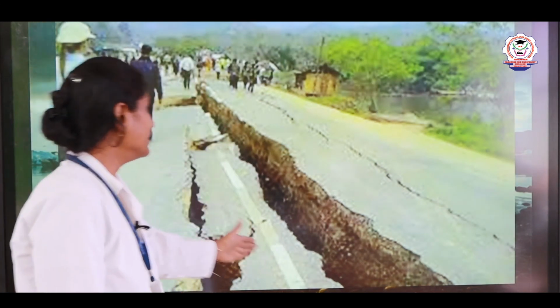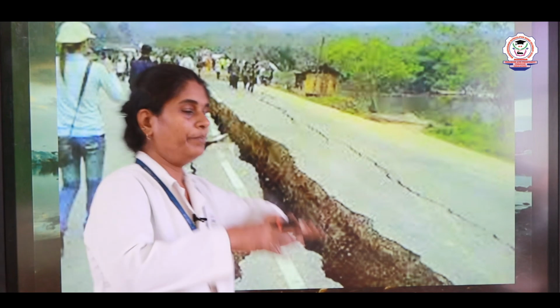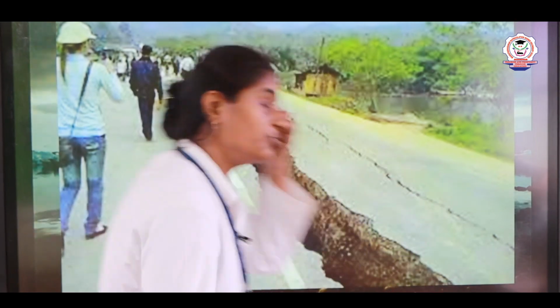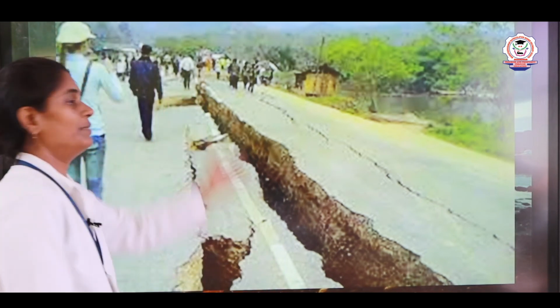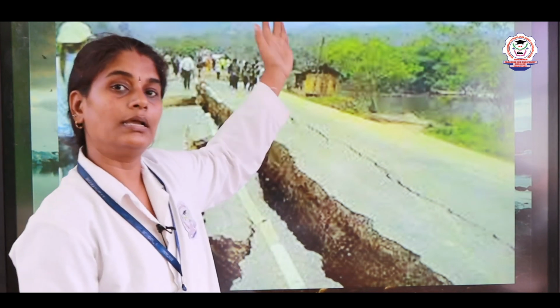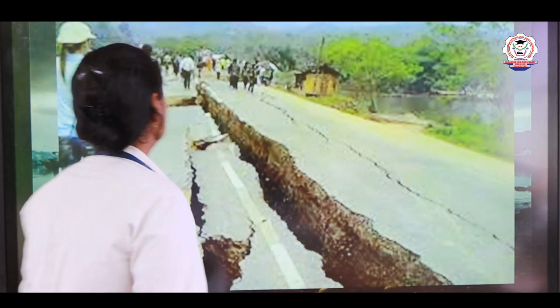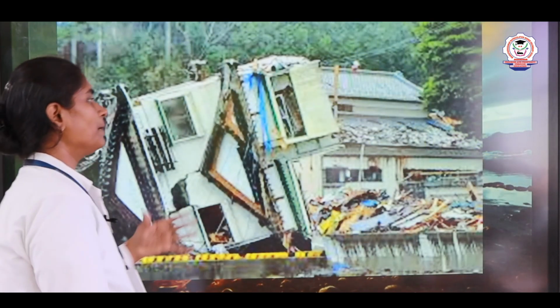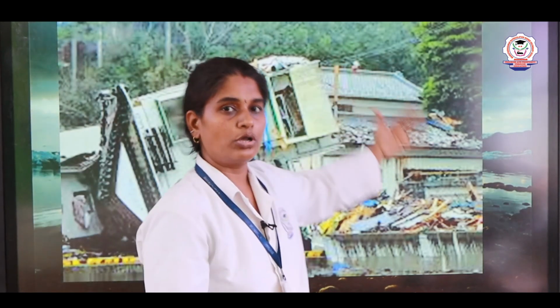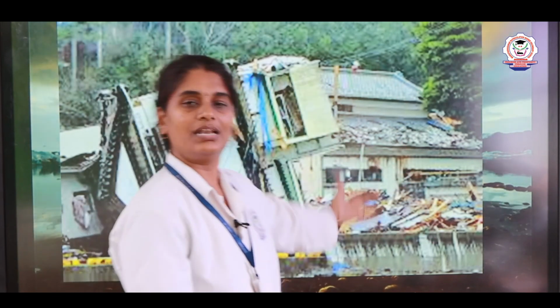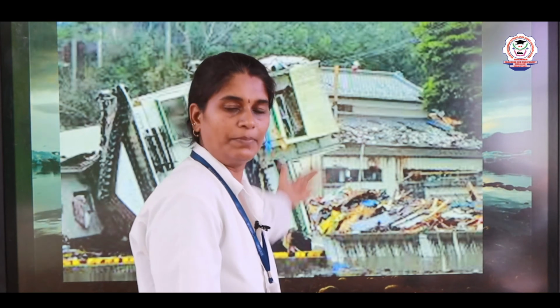Here you can see there will be big hollow breaks on the roads. There will be more damage on the roads, and because of the heavy earthquake shaking, there will be collapse of buildings, bridges, roads. When people live inside the houses or the buildings, there will be damage to the life of the people, right.